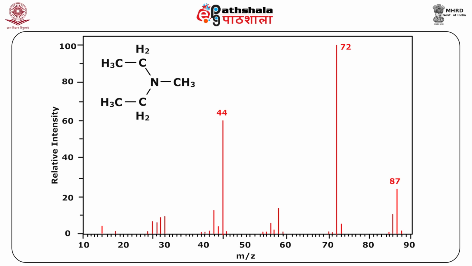Now if you see diethyl methylamine, another nitrogen containing compound, its molecular mass will be odd. So the m/z value for diethyl methylamine is 87, which is an odd number. Now a majority of the fragment ions have even numbered masses and are even electron nitrogen cations. Now I hope you can appreciate the nitrogen rule with these examples.